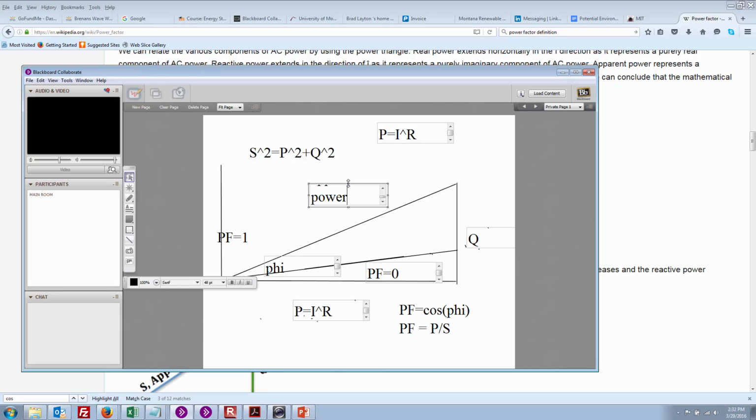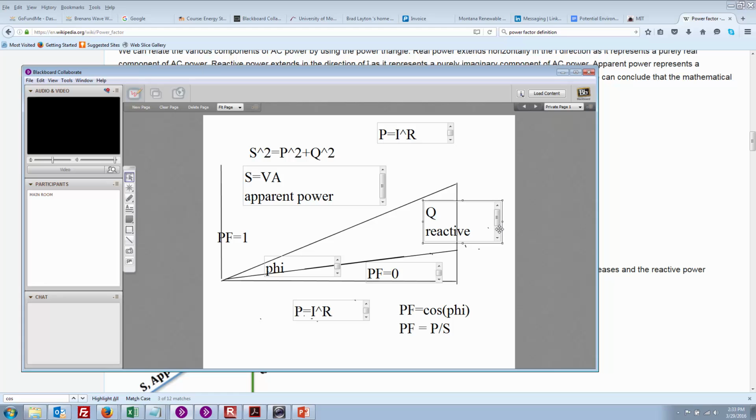Make that a little bigger. And Q is reactive power. Make that big enough to see. There we go. Okay. So Q's over here. Reactive power.